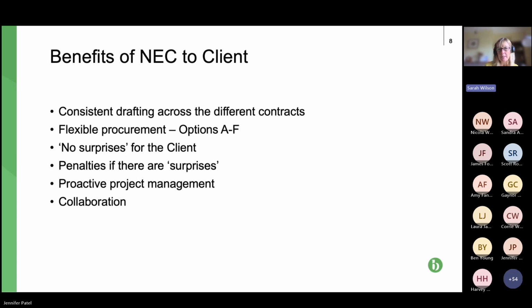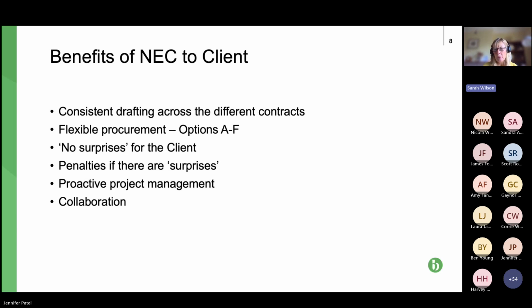It's just the pricing elements that change, which makes it a really easy contract to use once you've got to grips. So once you've done one pricing option, it's relatively easy to move to another. Whereas, of course, with JCT, each pricing option is a different contract.